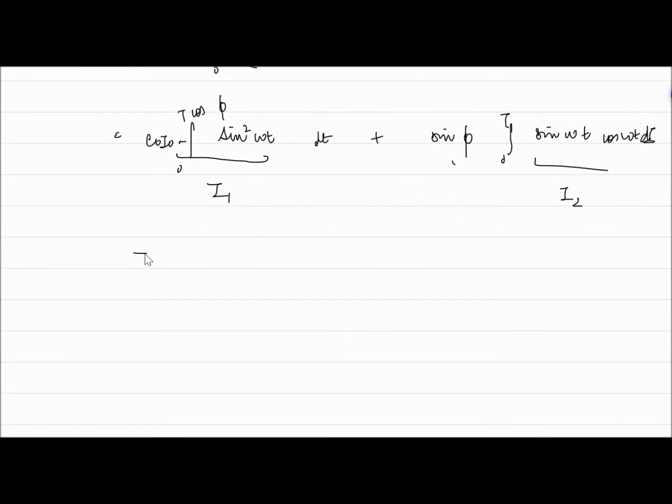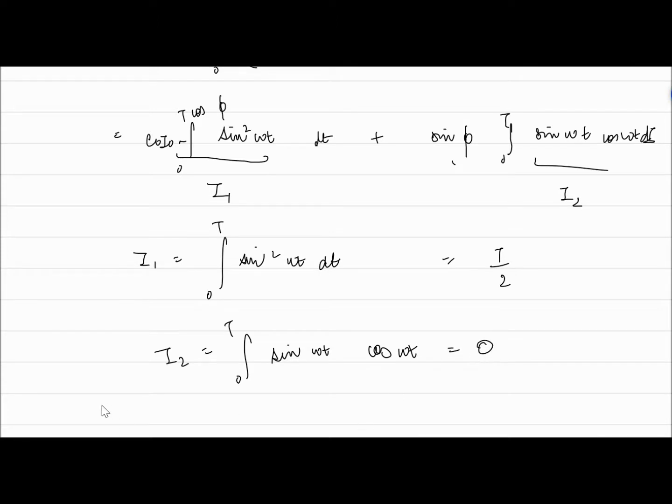So when we take I1, it is equal to integral 0 to t of sine square omega t dt, which is equal to t by 2. Taking I2, we get integral 0 to t of sine omega t cos omega t, which becomes 0.